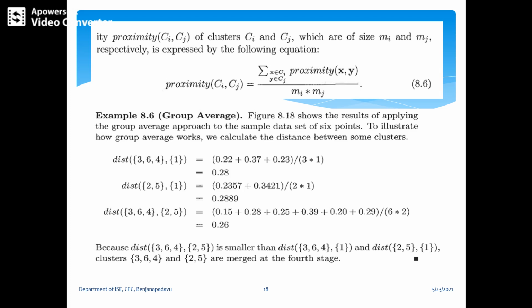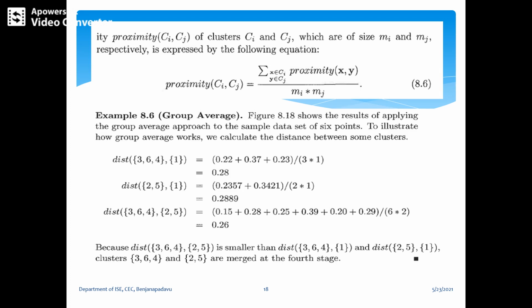So this is about the complete agglomerative hierarchical clustering. We start with the points as individual clusters. At each step, we merge the closest pair of clusters. This requires defining a particular notion of cluster proximity.